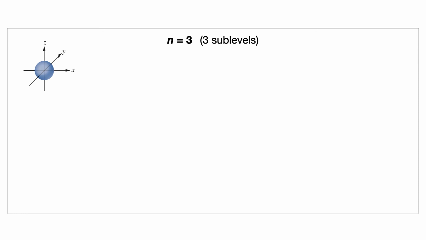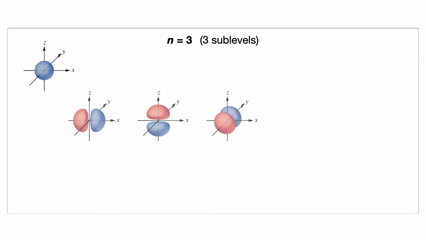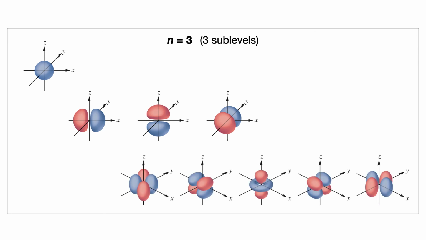And then there's another type of wave pattern where you've got wave intensity on either side with a node in between them, and there are 3 wave patterns that look like that. And then there's another type of wave pattern where there are 2 regions of space where the wave vanishes, and there are 5 distinct wave patterns in that sublevel.